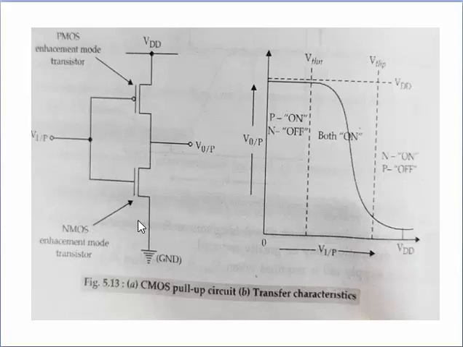The PMOS transistor is also conducting but with a very small voltage across it, so it is in the non-saturated, or we can say resistive, region. A very small current flows through the inverter from VDD to VSS, that is ground.